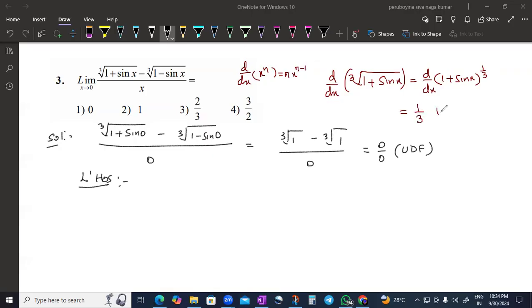So 1 by 3 multiplied by 1 plus sine x whole power 1 by 3 minus 1. And what is the sine x derivative? Cos x. Again, we differentiate this 1 plus sine x: the derivative of 1 is 0, and the sine x derivative is cos x. Understood? And in the same way, 1 minus sine x is also handled.